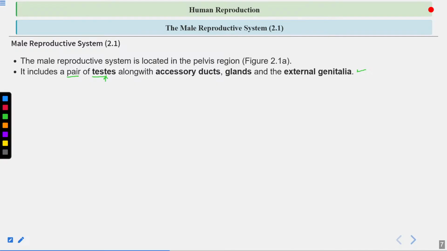There are certain cells, Leydig cells, which secrete testosterone, and they are present within the testes. Along with the testes, accessory ducts, accessory glands, and external genitalia are also present. We'll talk about all of these in this session today.